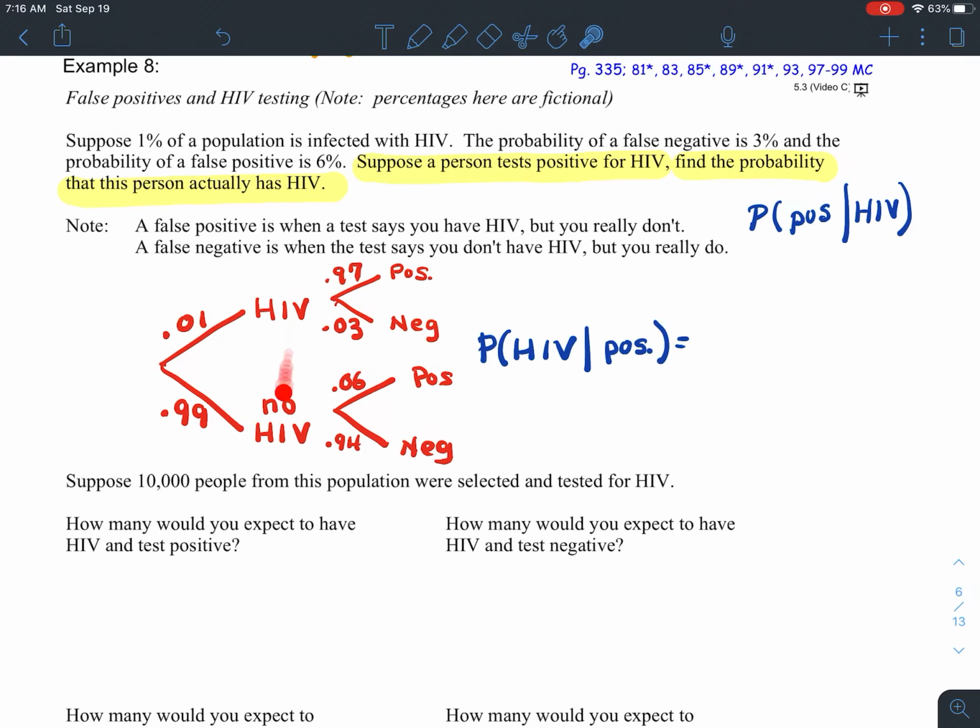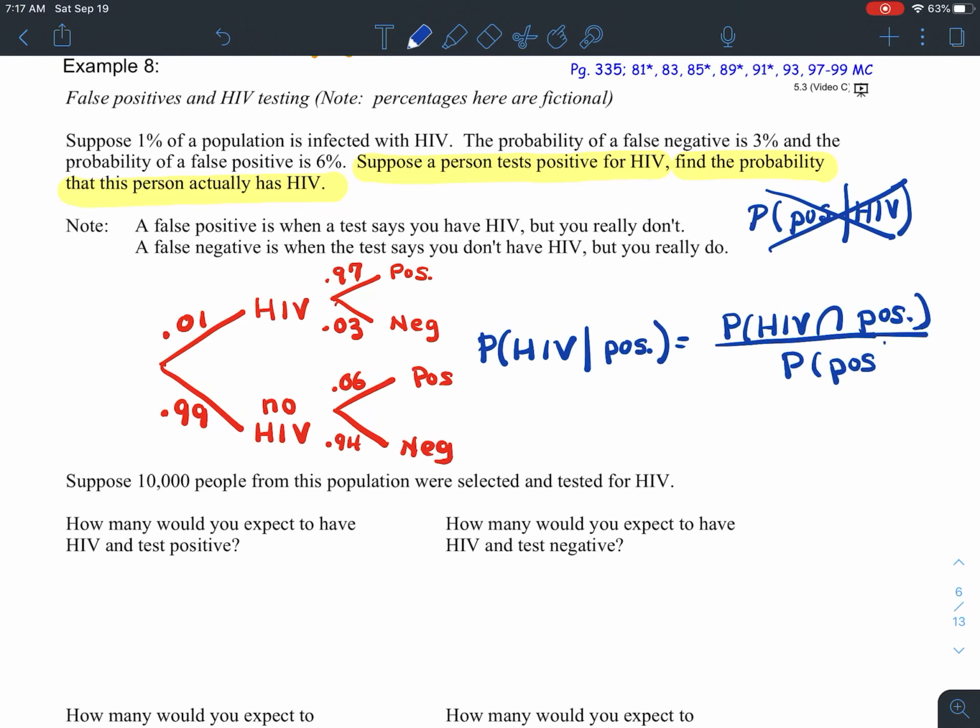Had the problem been the probability that you test positive given that you had HIV, well, now the given is from the first column, so my answer would just be found in the second column. But that's not what the problem's asking. So we won't be able to simply pull the conditional probability from the second column.